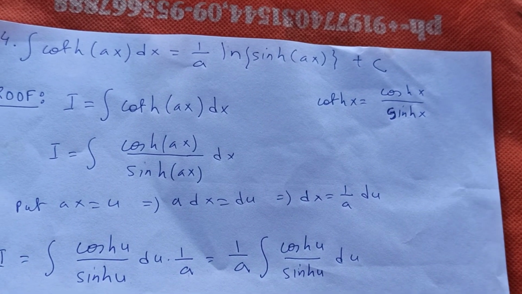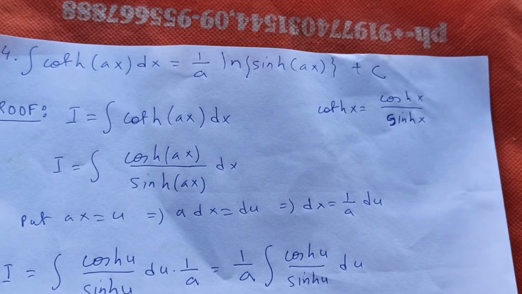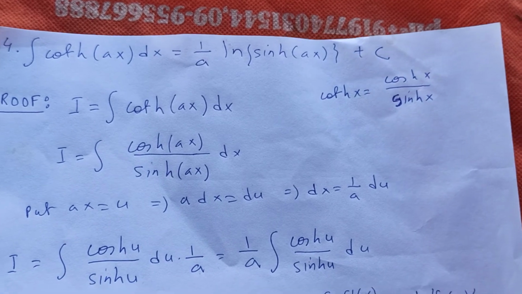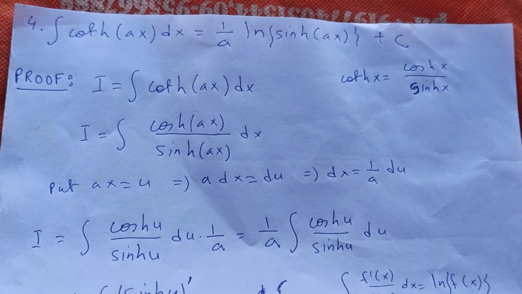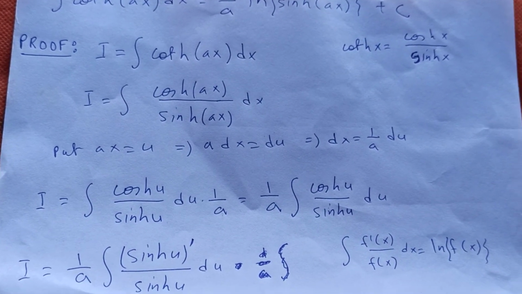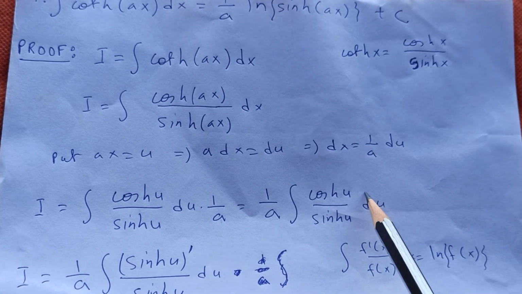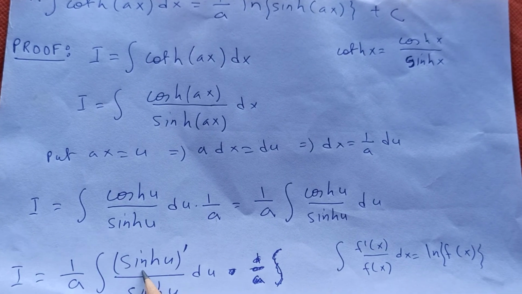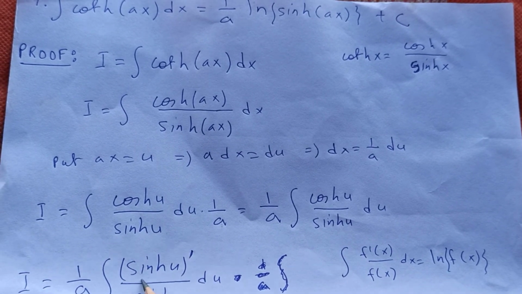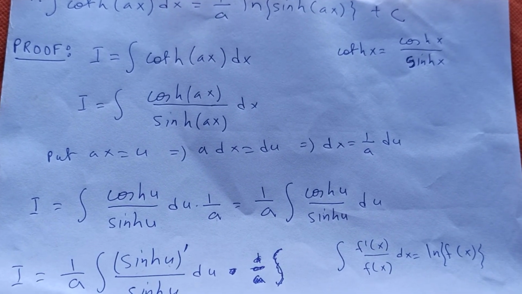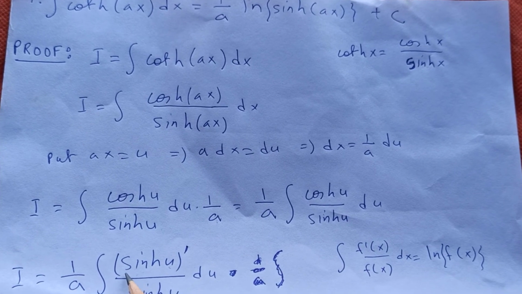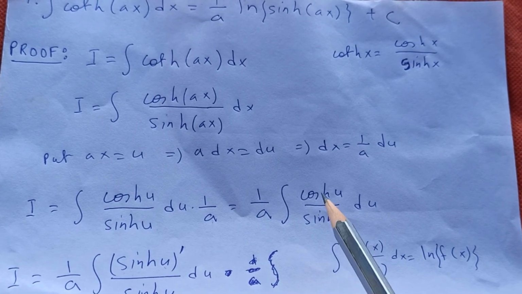Now if you see the differentiation of the hyperbolic function of sine, I can put in place of cos hyperbolic of u the differentiation of sine hyperbolic of u upon sine hyperbolic of u du, because if you differentiate sine hyperbolic of u, you will get cos hyperbolic of u.